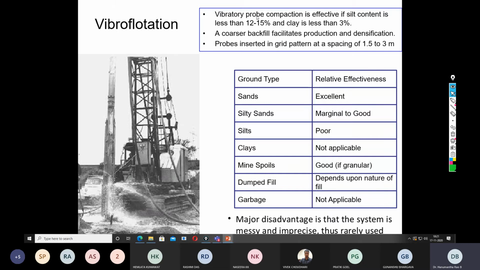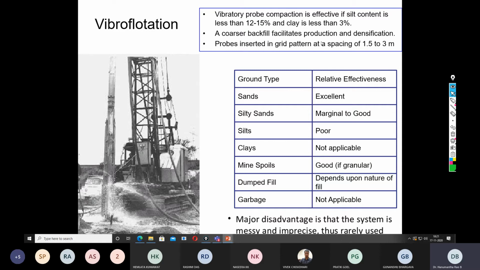I have given the demonstration in the form of the SPT versus fines content slide why the silt content should be constrained to below 10%. It should not be more than 10%. Similarly, the clay content also should not exceed 3%.